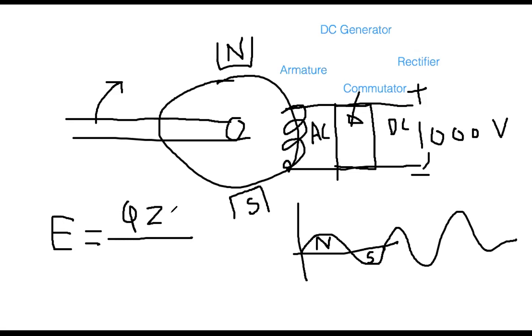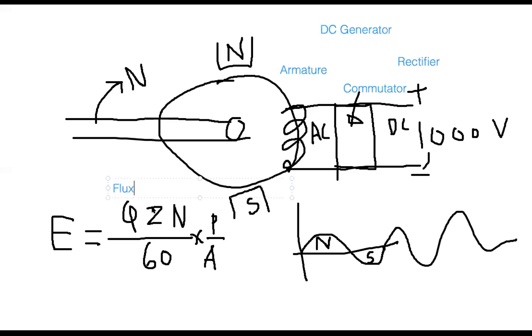Z is the number of conductors, and N is the rotational speed. So in this case, phi is the flux that is coming from here.